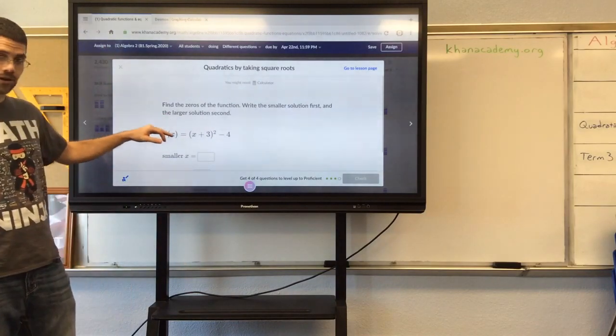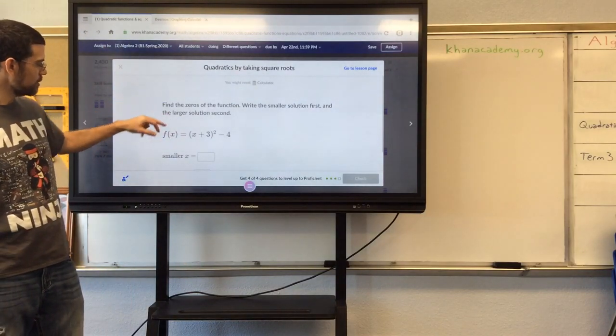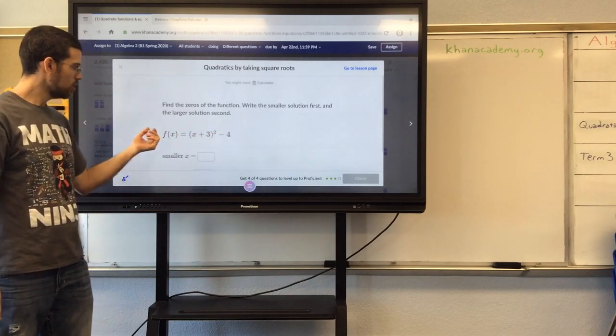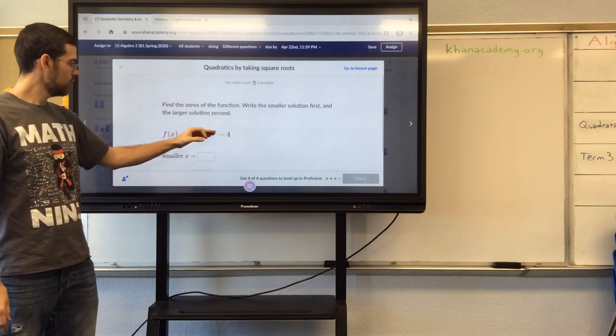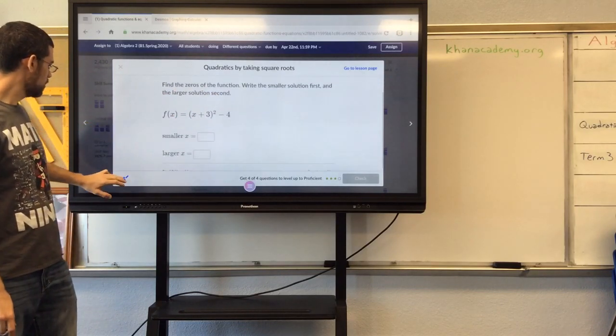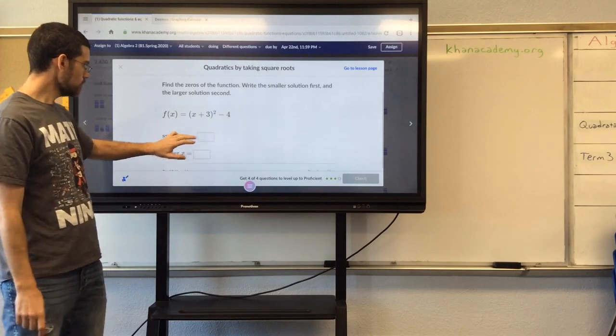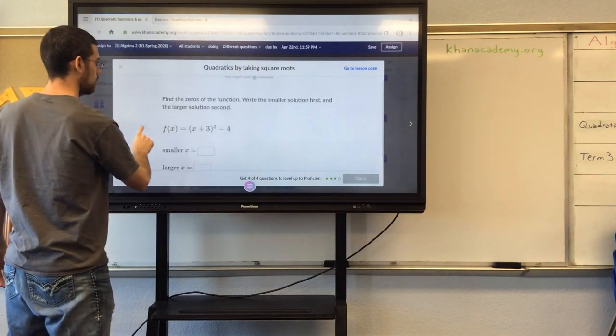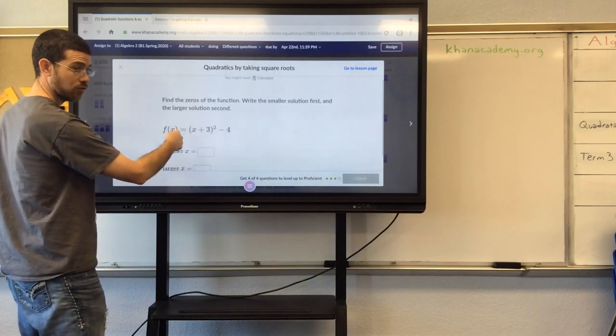So the steps are going to be the same, right? We're finding zeros, so f of x equals 0. We'll add 4. We'll take the square root. We'll subtract 3. Let's see what happens. So we get 0 plus 4 is 4.